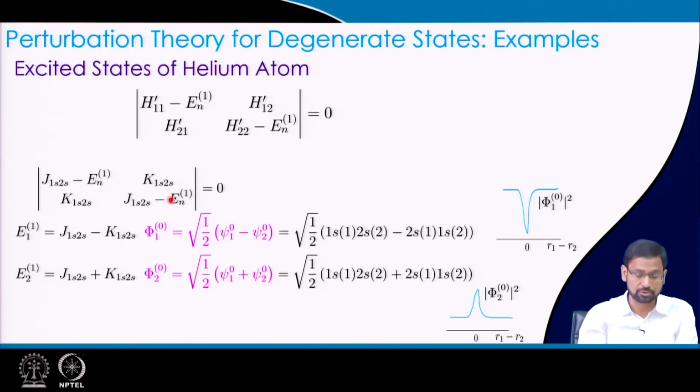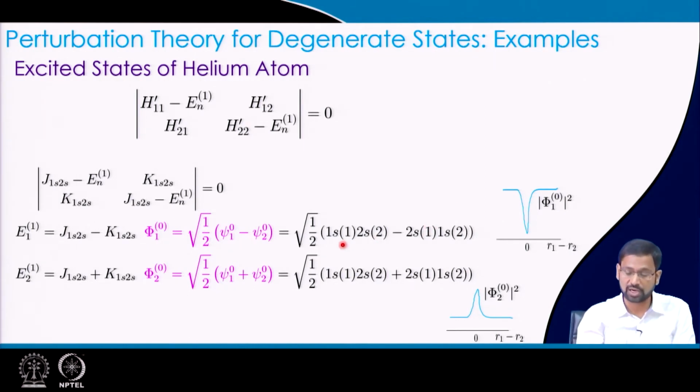When we looked at the wave functions that we obtained by using the coefficients C1 and C2 from this equation, we see that phi 1 0 turned out to be the negative combination psi 1 minus psi 2, and phi 2, the second excited wave function, became the positive combination of the 2 functions. Here psi 1 is when electron 1 is in 1s orbital and electron 2 is in 2s orbital, and psi 2 is simply the exchange of it.